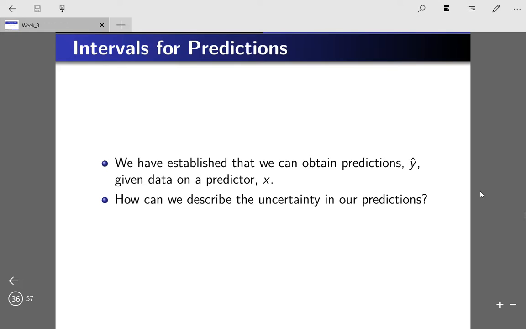Anyway, here we're talking about prediction intervals now. So we've established that we can just obtain predicted values, y hats, given an explanatory variable x. But it's important to be able to describe the uncertainty in our predictions.